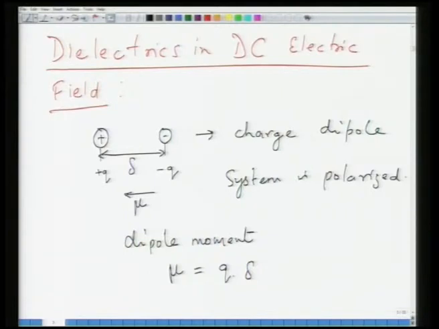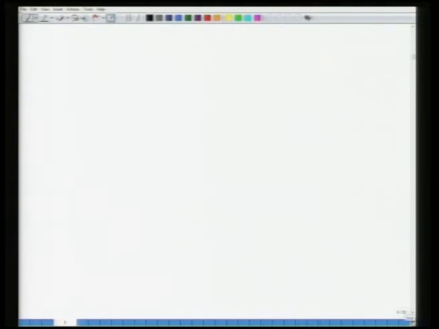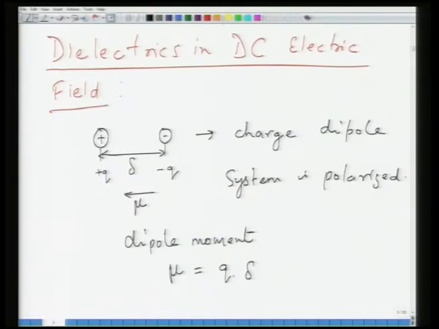Typically, it is a vector, but in most circumstances we take it as a scalar. If you see it in vector form anywhere, do not be surprised, because it is a vector quantity. Now, if you go to the previous slide, notice that the direction of dipole moment is always from minus q to plus q. This is something which you have to remember.